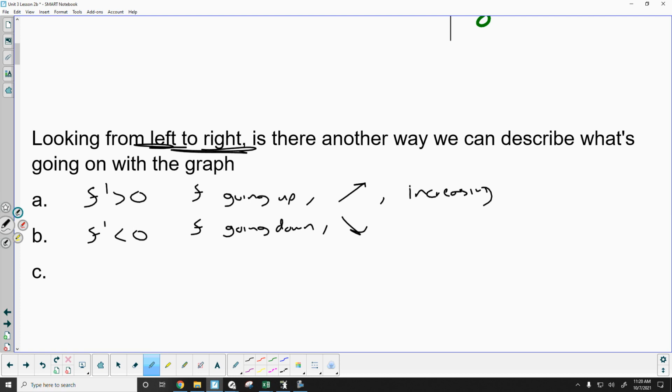I don't like to go straight up and down; I like to make sure I have direction from left to right. I'd say it's decreasing. And if f prime equals 0, f has flattened out, or you'd say it's constant.